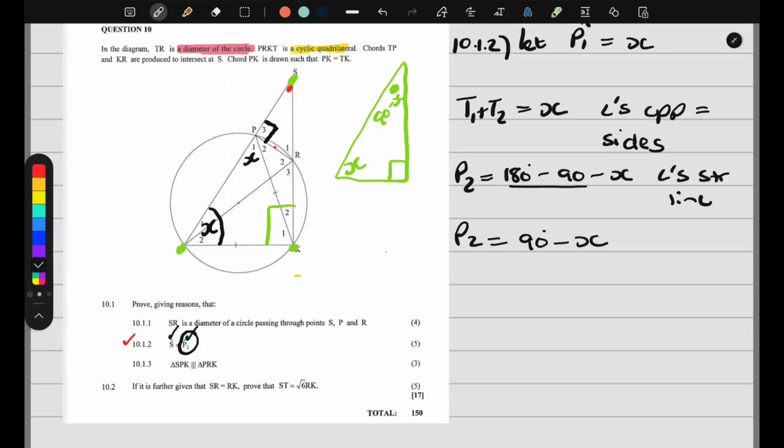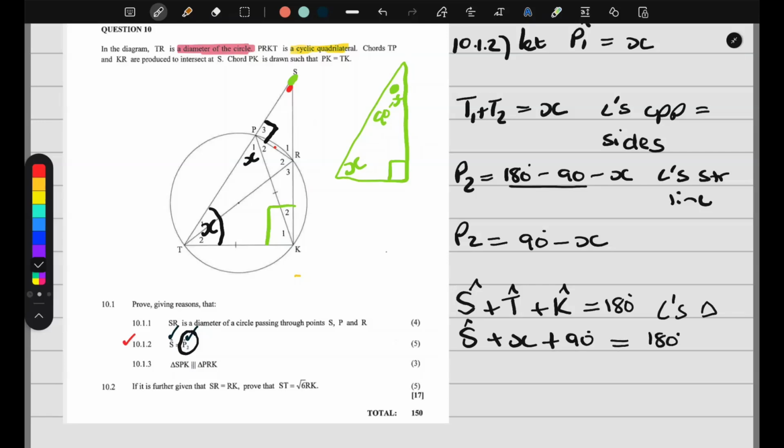I'm going to write angle S plus angle T plus angle K must give me 180. Angles in a triangle. I don't know what S is, but T is X and K, the whole K, is 90, and that must be 180.